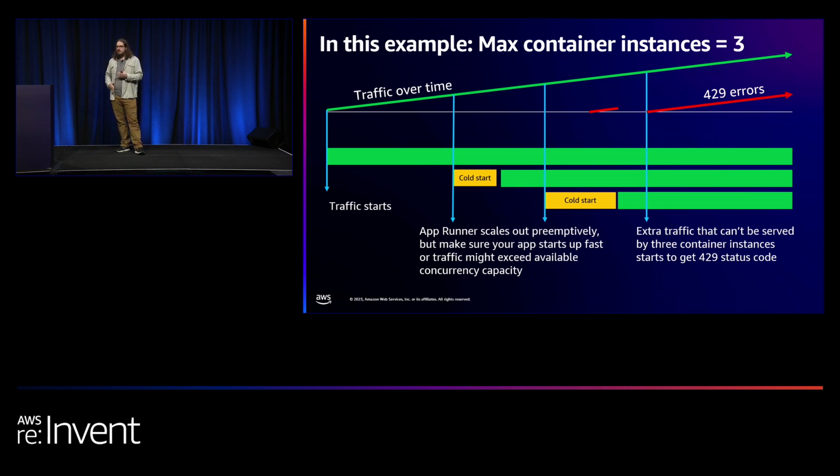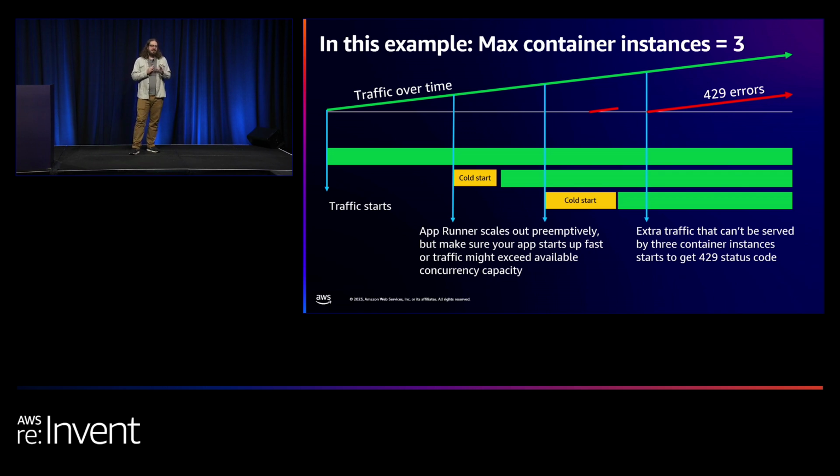You got to get it provisioned, you got to make sure it's actually ready to go, and then you can start sending traffic. So it's important to make sure that your cold starts are as small as possible, and the primary mechanism for doing this is making sure your application is as small as possible, because that means you can download it onto another piece of infrastructure and start it up as quickly as humanly possible or machinely possible.